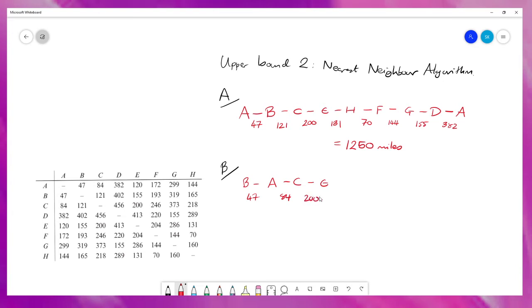E, which is 200, 131 for H, 70 for F, 144 for G, and 155 for D. The thing with this is you've then got to remember to go back to B, not to A, for 402, which gives us a total of 1,233 miles.